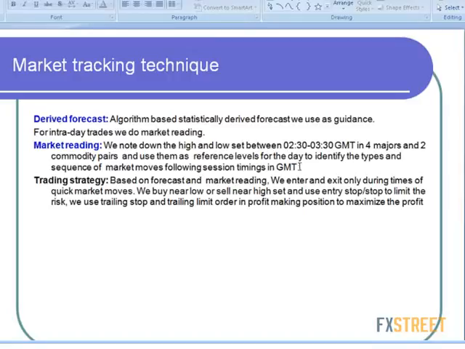But we will not be happy with the forecast and the market reading alone, because you know that in the market, there can always be quick moves happening. The market is highly sensitive to rumors and sudden breaking news.